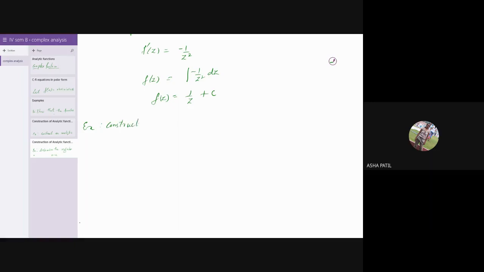Construct the analytic function, given the imaginary part is r minus 1 by r into sin theta.